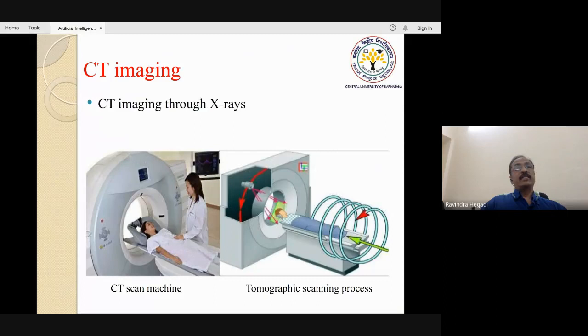Then how is the CT actually conducted? You can see the picture here. This is a CT device. In the second image you can see the CT rays. They get focused on the body, and this camera rotates inside this box.